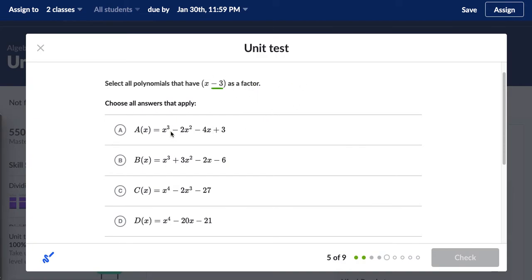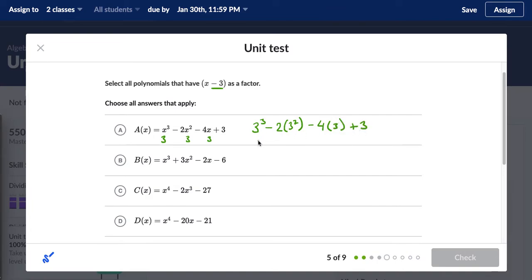Okay, so if we plug in 3 here, that's going to give us 3 cubed minus 2 times 3 squared minus 4 times 3 plus 3.